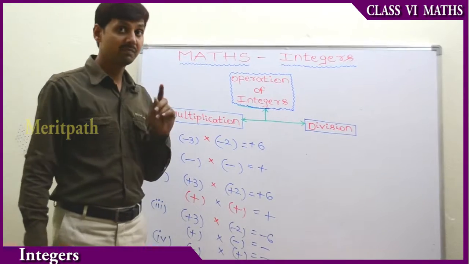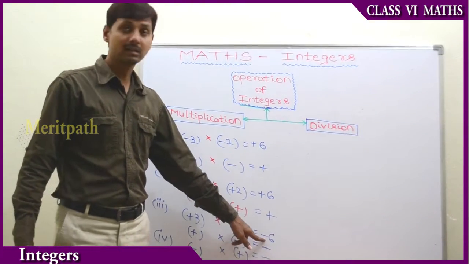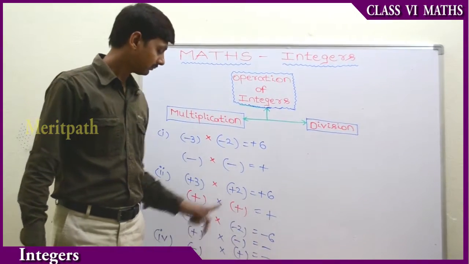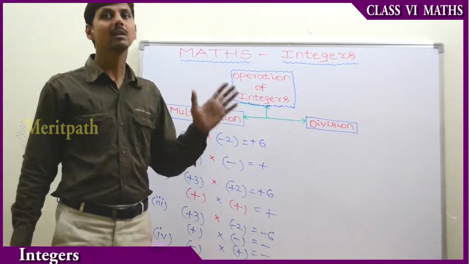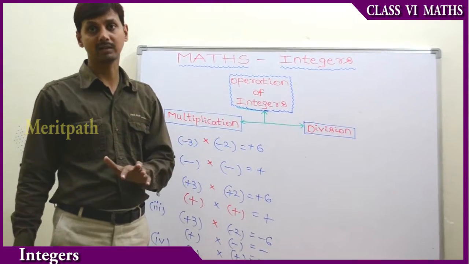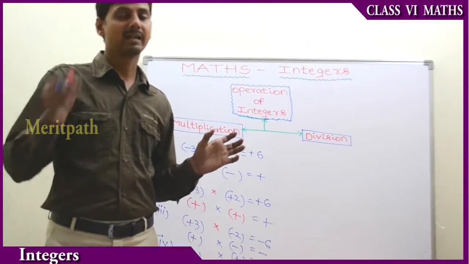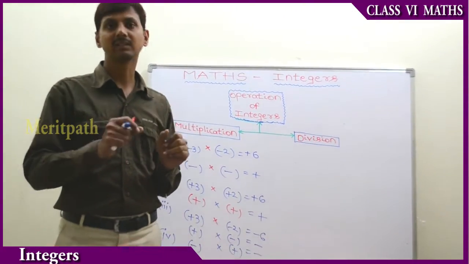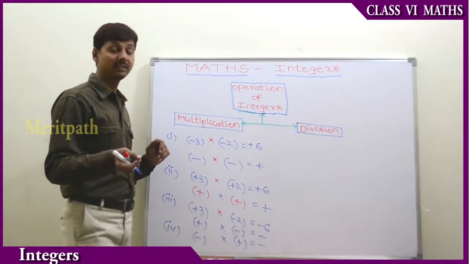Two numbers having different signs, plus and minus, give the result of minus. Minus into plus is minus, and plus into minus is also minus. So two numbers with the same sign give plus, and two numbers with different signs give minus. This is the multiplication of integers.